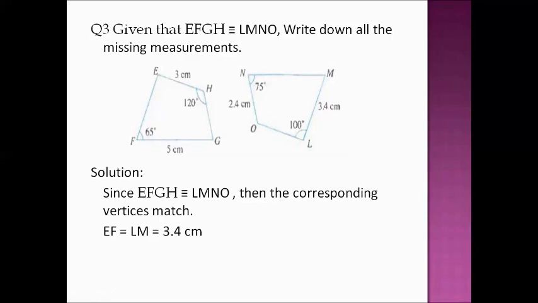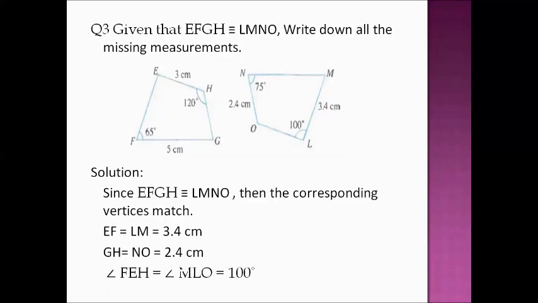Now the other one is GH. The side corresponding to GH is NO. So if it is 2.4, then it is also 2.4. Now the other two sides are given.